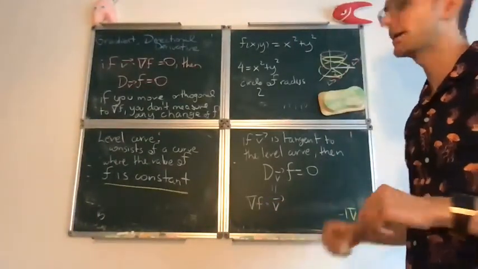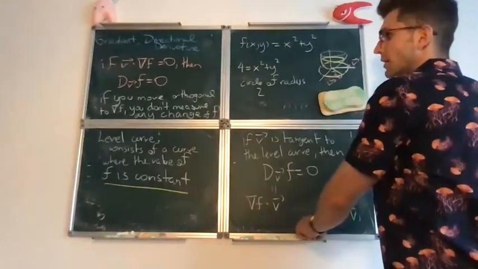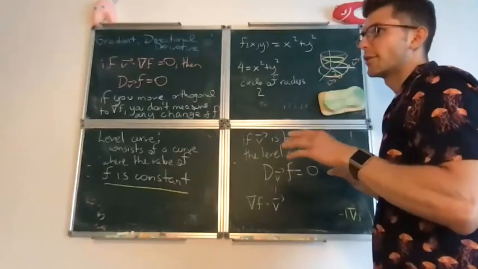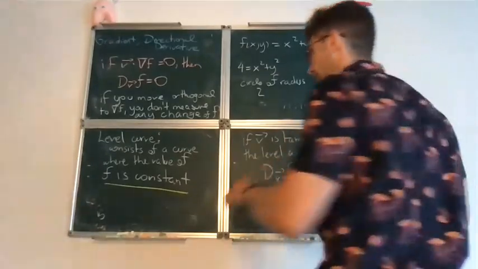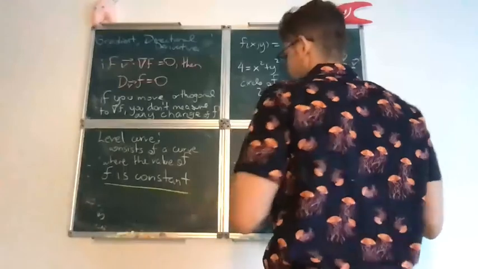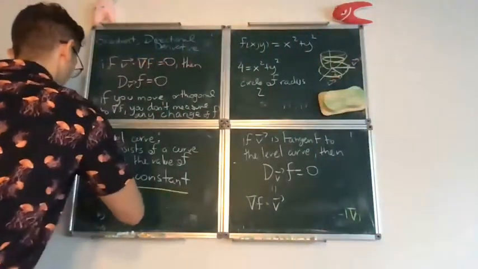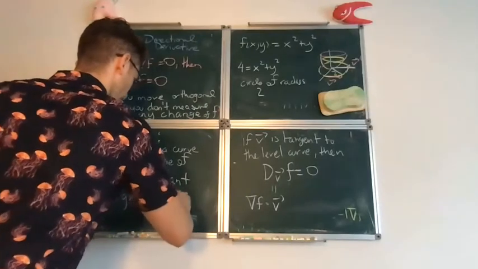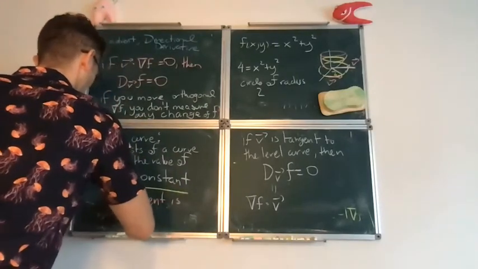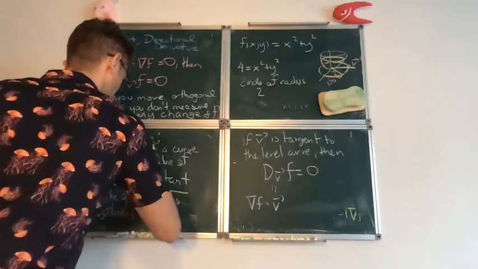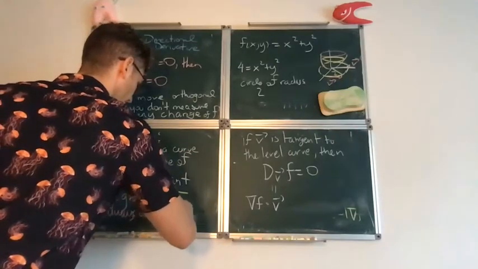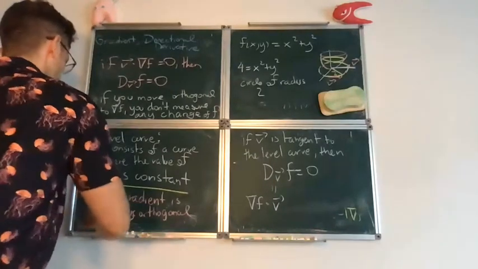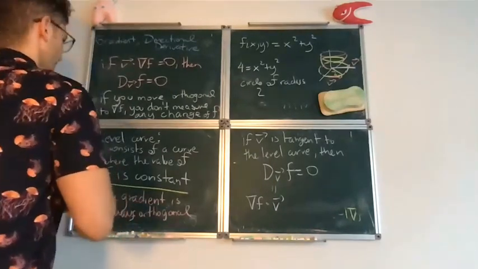orthogonal to the gradient. In other words, what I'm trying to say is that the tangent vector of a level curve is always perpendicular to the gradient, or in other words, the gradient is always orthogonal to the tangent vectors of the level curves.